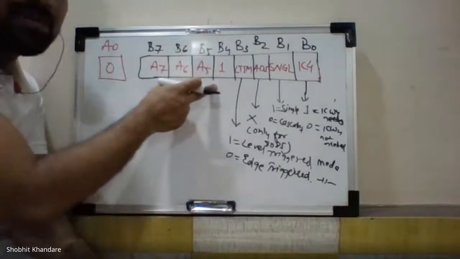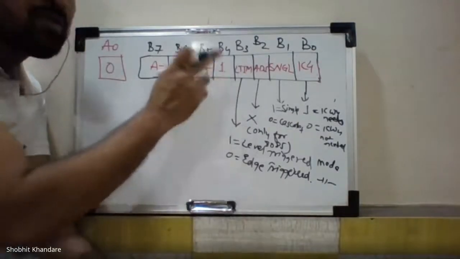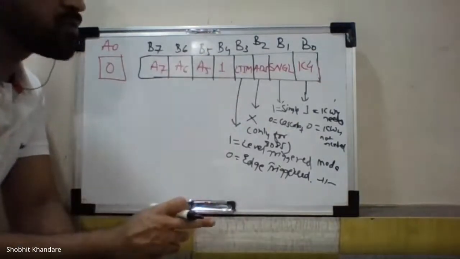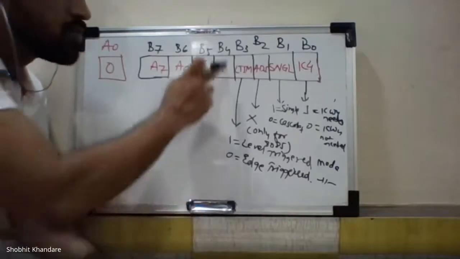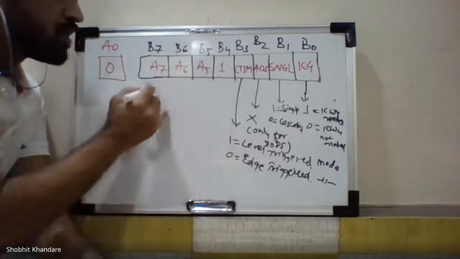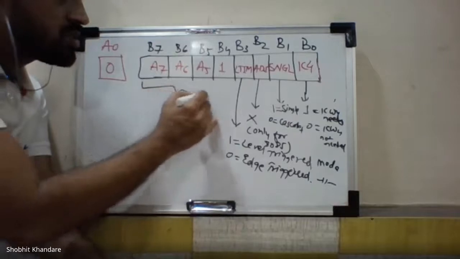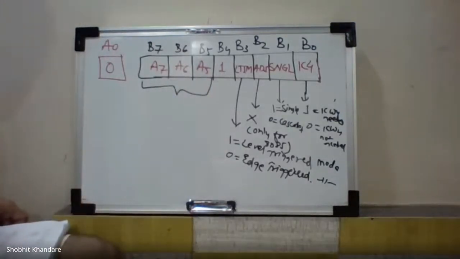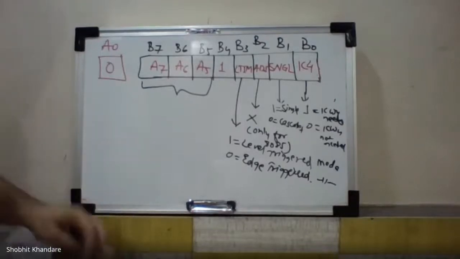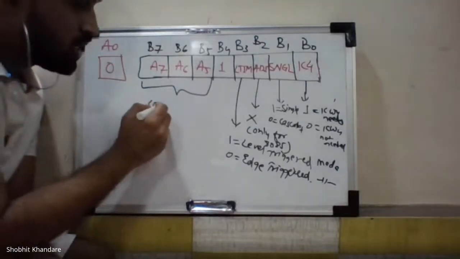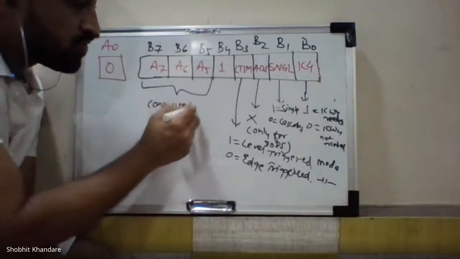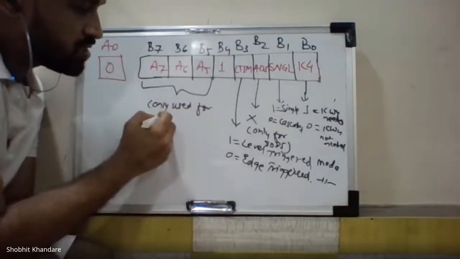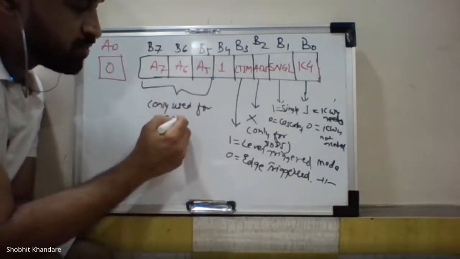The next bit is B4. This B4 bit will always be 1. Then these 3 bits you can draw in this manner, and you can say they are only used for 8085 mode.